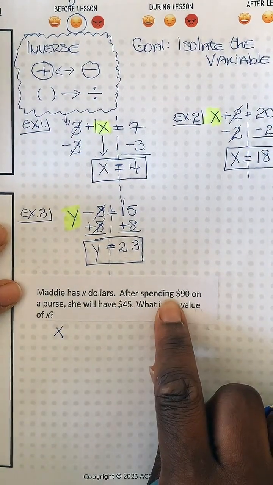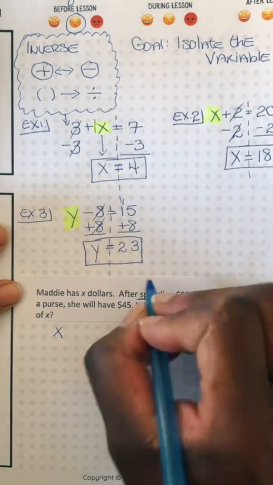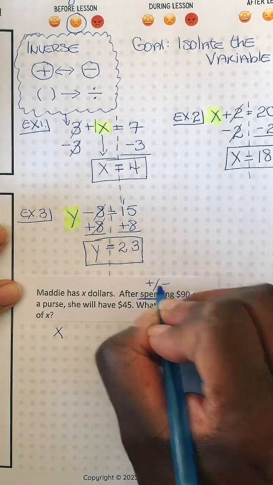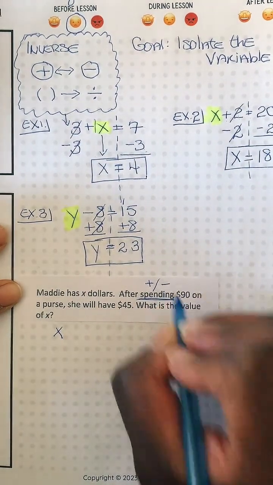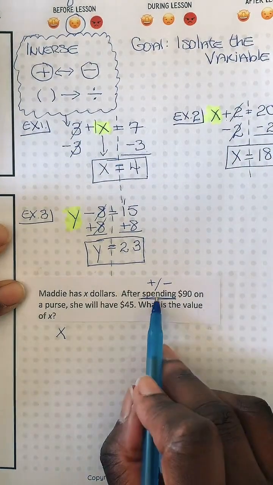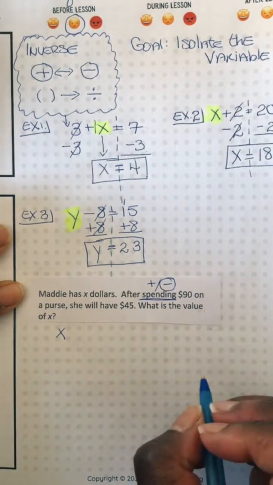After spending, now, if we're spending, is that going to be a plus or is that going to be a minus type of situation? I think when you're spending, you're subtracting. So it's a minus situation.